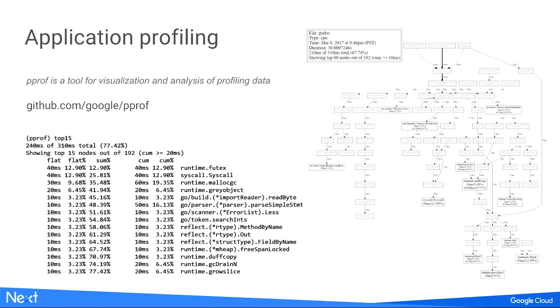This is generally good for things that are CPU bound or IO bound, and you can figure out exactly what's happening. On the left is the output from the pprof command line tool, where you basically see the top functions. You can dig in deeper through different methods. And on the right is a very complicated graphical output, which shows you call graphs and how long things are taking. I think the larger boxes are things that take longer, or where more CPU time is spent.